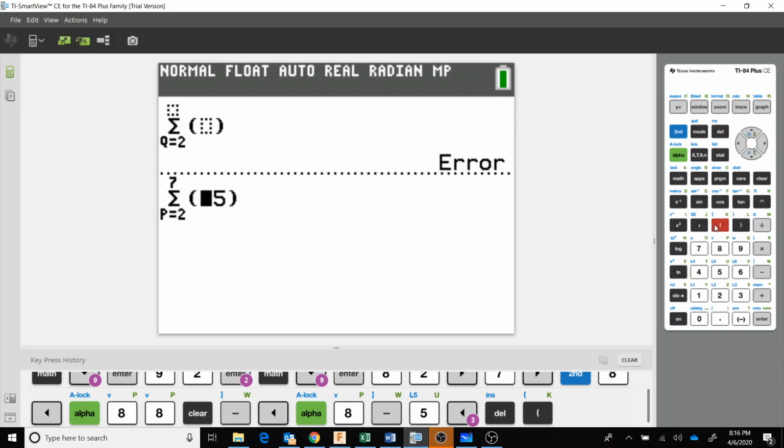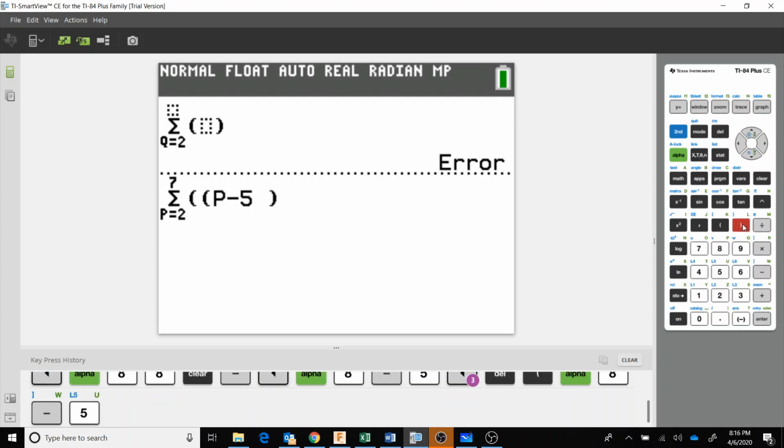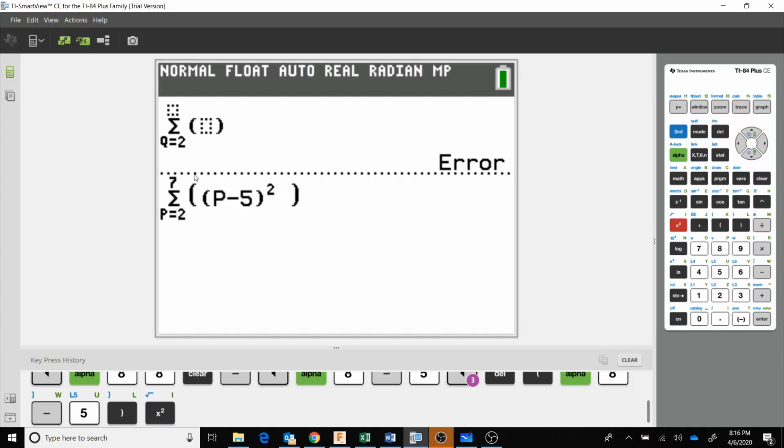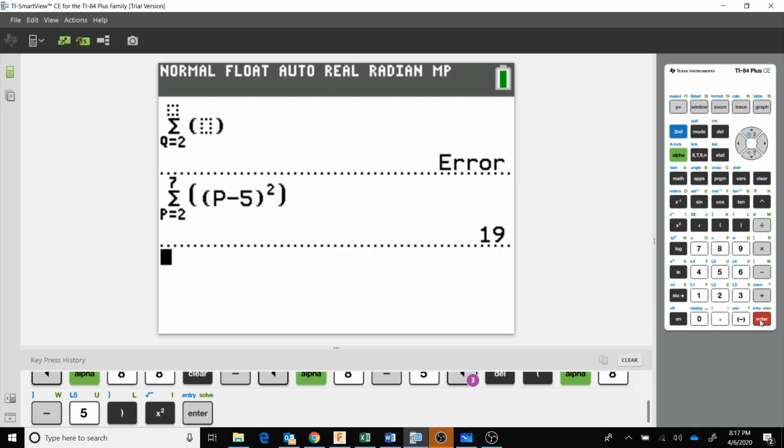So I said it was P minus 5, close parentheses, and squared. Whatever brackets they give you in the summation, you want everything to be inside there. If you put something outside here, you're going to get a wrong answer. And if I say enter, that apparently comes up to 19.